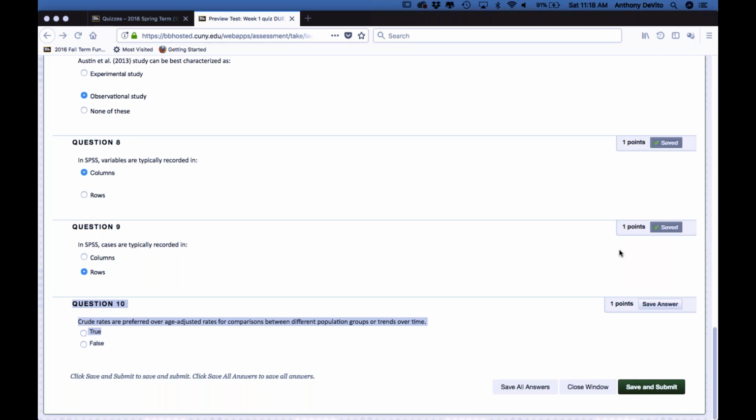Okay. So what was the advantage of using age-adjusted rates? Well, if you're comparing two populations, and for instance, one population is much older than the other, and you're looking at the rate of certain diseases that are more common amongst older people, cardiovascular disease, cancer, and so on, it may bias the results.